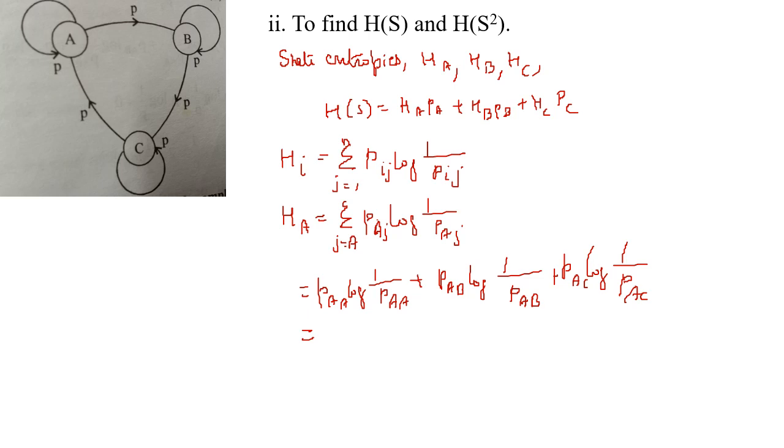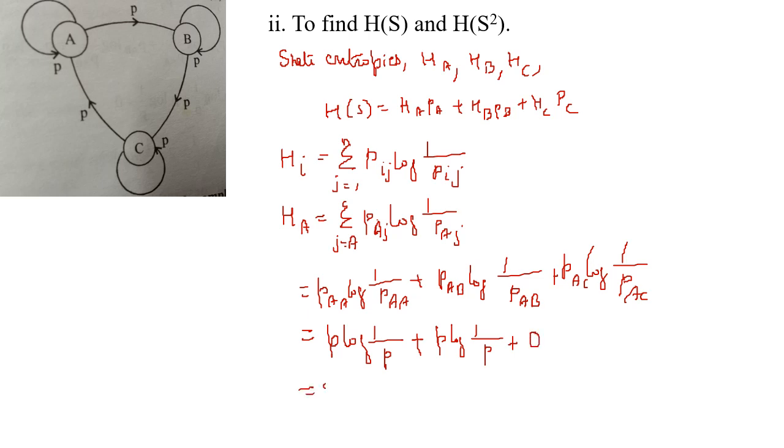So this AA, AB and AC are nothing but transitional probabilities. What is the probability of going from A to A here in the state diagram? It is nothing but P. So P into log 1 by P plus what is PAB from A to B? It is nothing but P. So P into log 1 by P plus what is from A to C? Since we don't have any transitional probability from A to C, it is equal to 0.